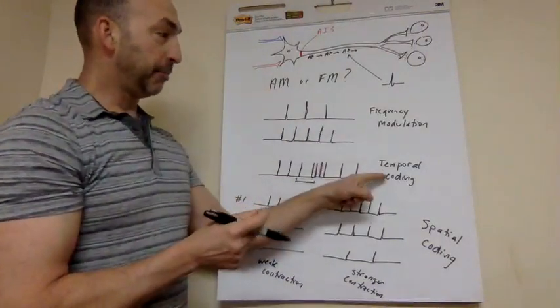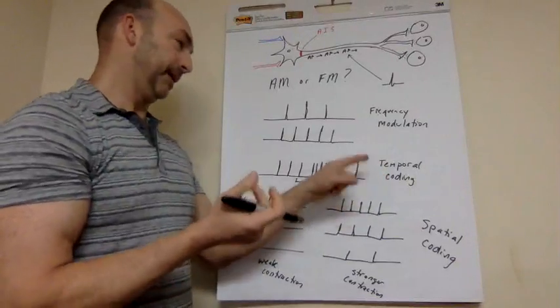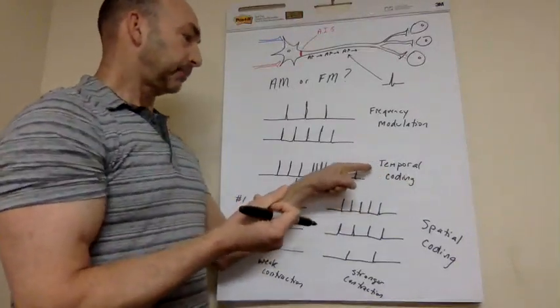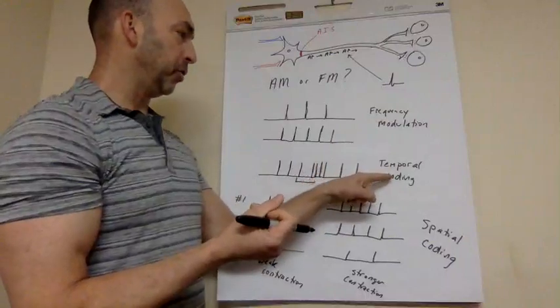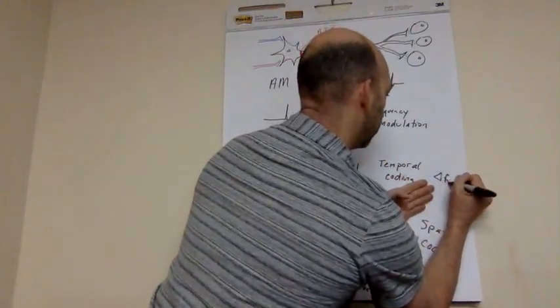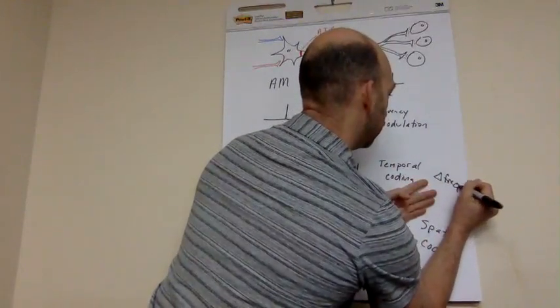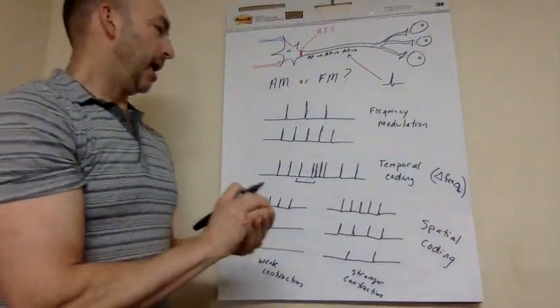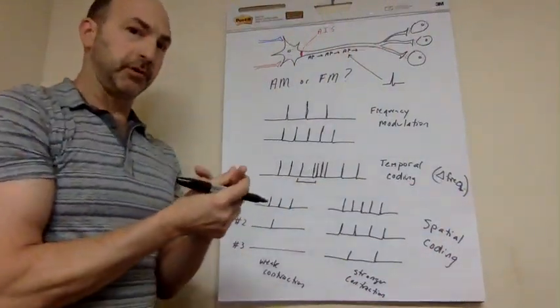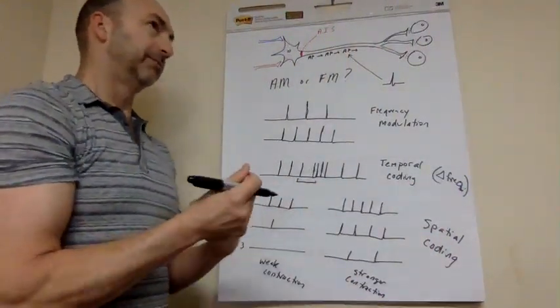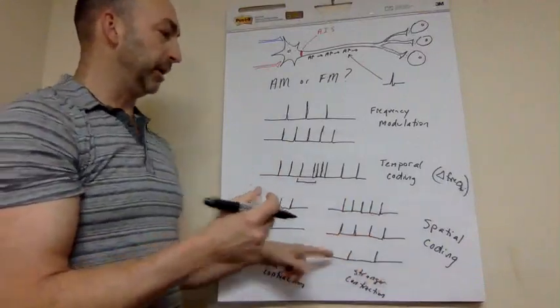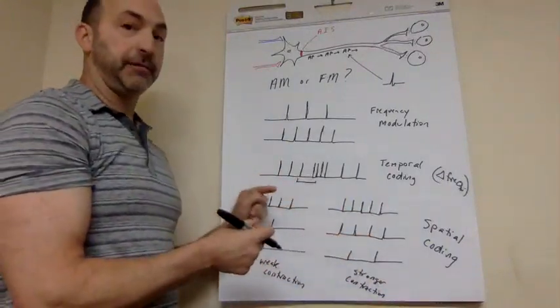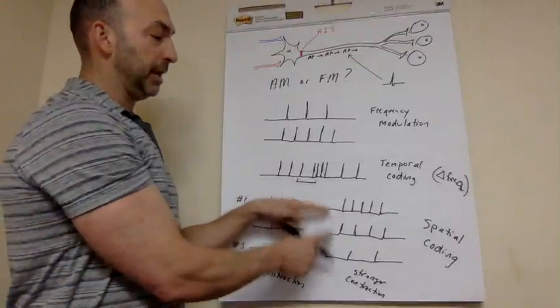We've got temporal coding, frequency coding, when we have a change in frequency, right? So this would be delta frequency, changes in frequency. We had population coding, where groups of neurons are conveying the information. And then spatial coding, again, where groups of neurons are conveying the information, but they're doing so to separate targets.